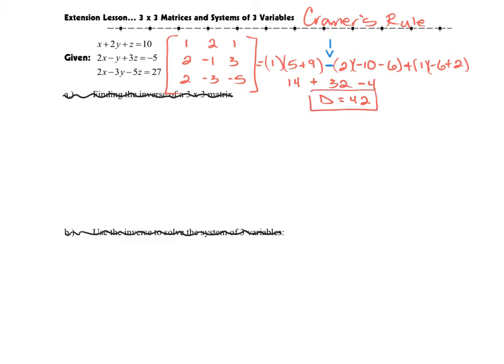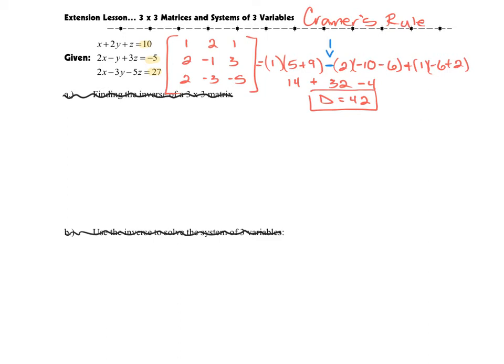Okay, so now let's take a look at how we can actually solve for each of our variables. We are going to use the constants that are on the right-hand side. So if I want to solve for x, that would be in this first column, I'm going to replace all of the x's with the constants.